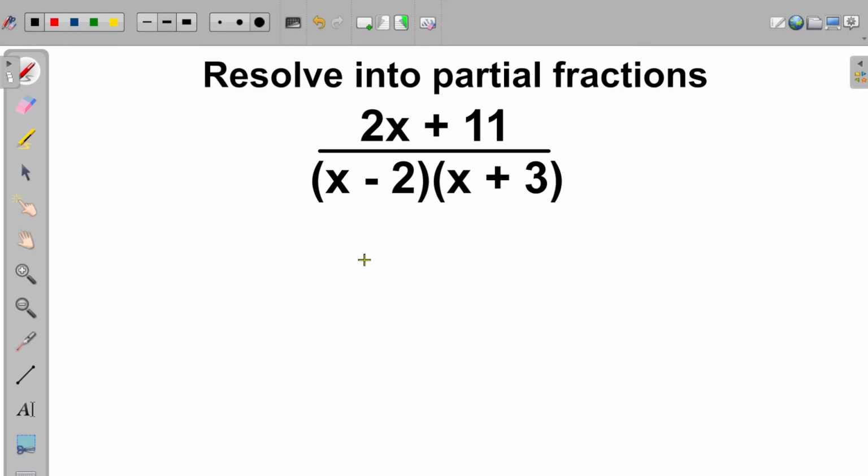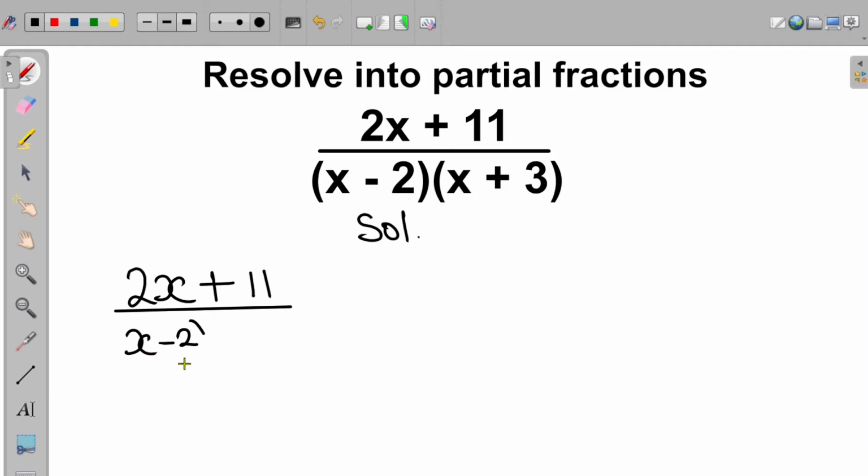We are asked to resolve into partial fractions (2x + 11) divided by (x - 2) multiplied by (x + 3). So we have that 2x + 11, all divided by (x - 2) multiplied by (x + 3).